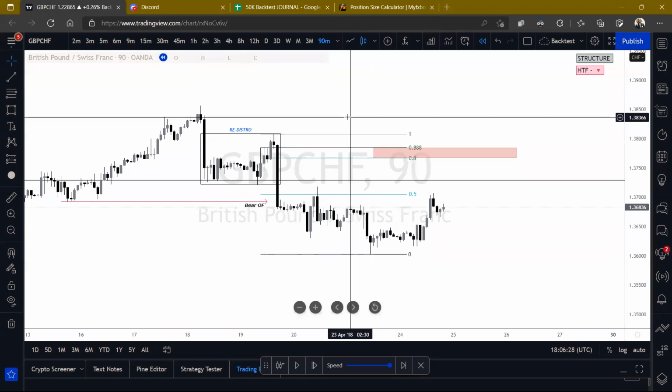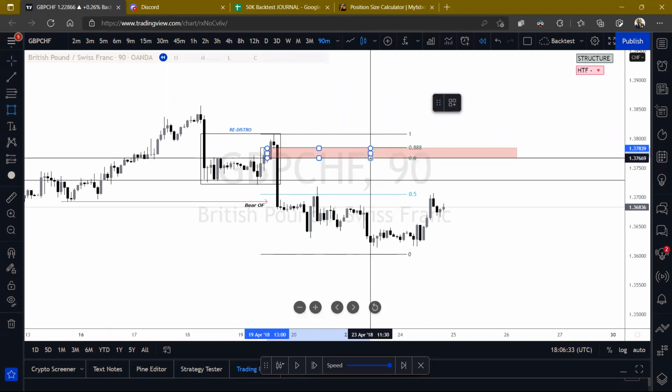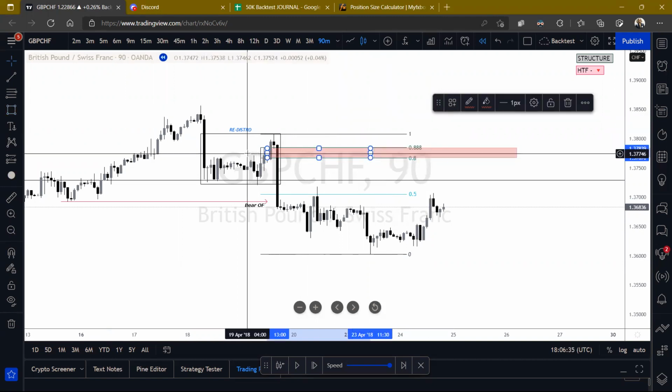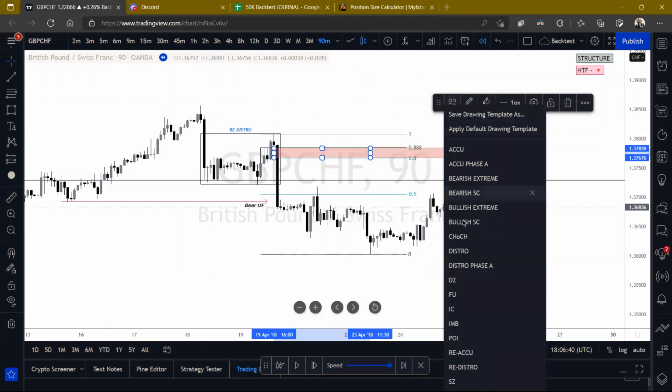I want to go with that 90. We can also see we have got imbalance within that as well.